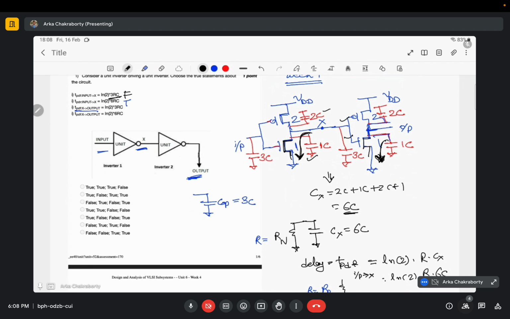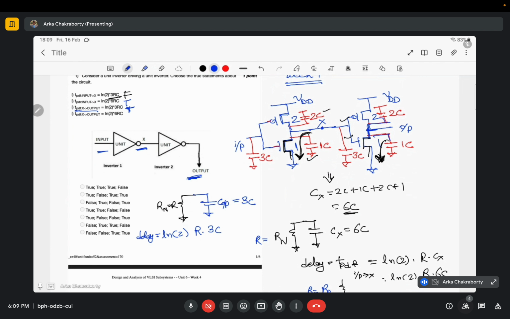So it would again be R of NMOS, which equals R, and the output is 3C. So my delay would be ln2 times R into 3C, 3RC ln2, so it is also true, the third one is also true.